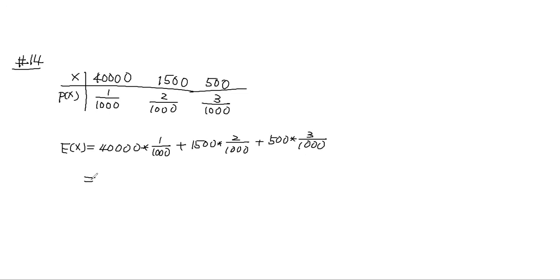So it's 44.5. So you expect 44.5. But how much do you pay to buy? Well, you pay $100. So it's 44.5 minus 100, right? So that will be negative 55.5.